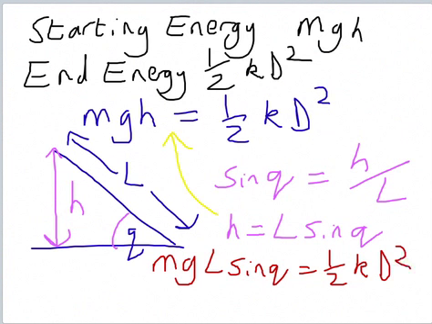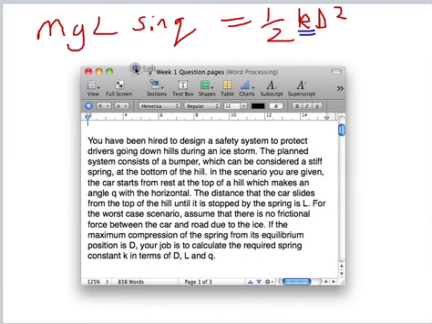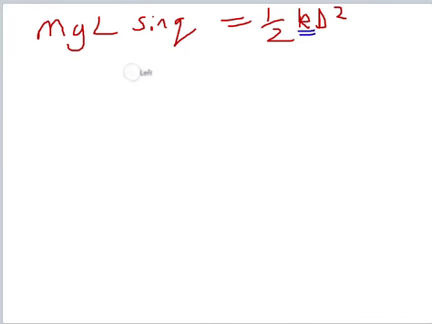What do we want to know? The question asks us, we want to know k. If we look at the question, it says your job is to calculate the required spring constant k in terms of d, L and q. And here we have an equation which has k in it, also d, L, q, the mass and gravity.